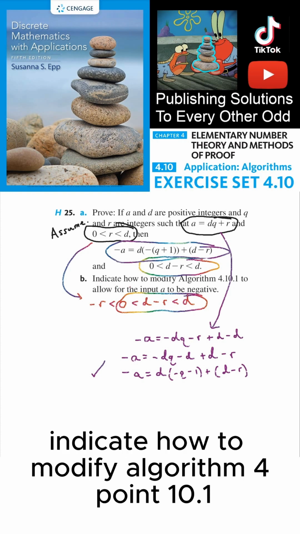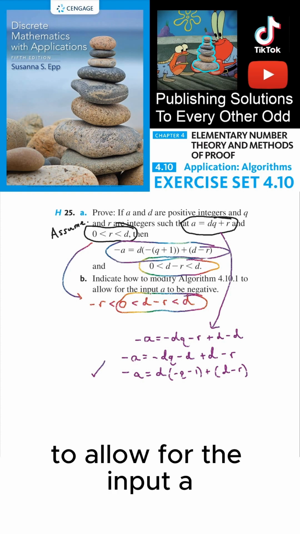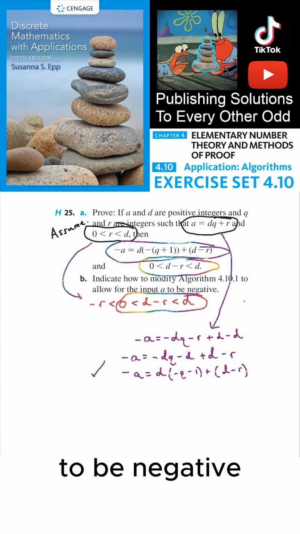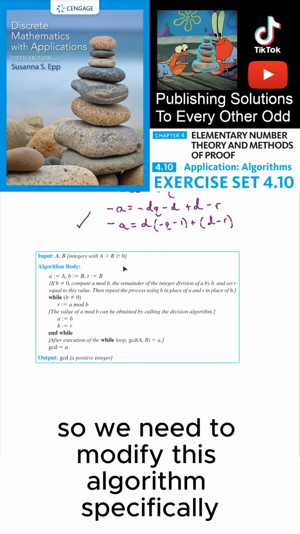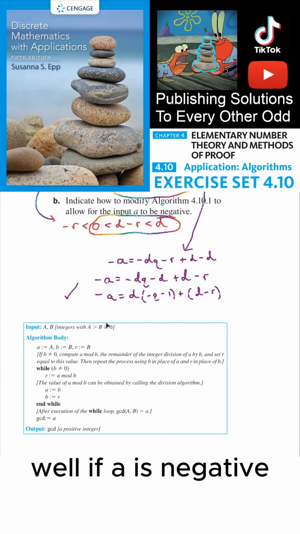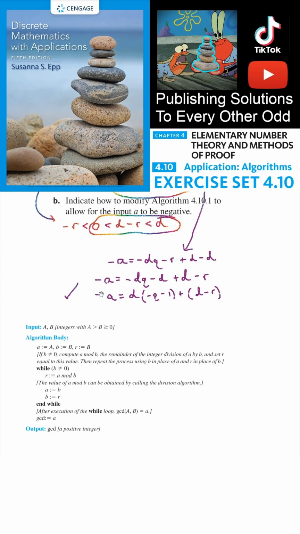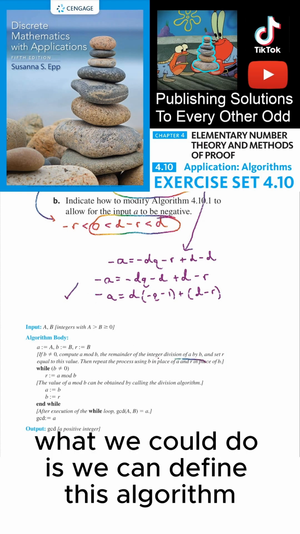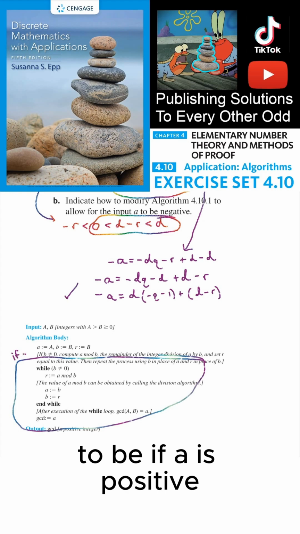Part B says, indicate how to modify algorithm 4.10.1 to allow for the input a to be negative. So we need to modify this algorithm specifically so that we allow a to be negative. Well, if a is negative, then negative a would be positive. What we can do is define this algorithm to be for when a is positive.